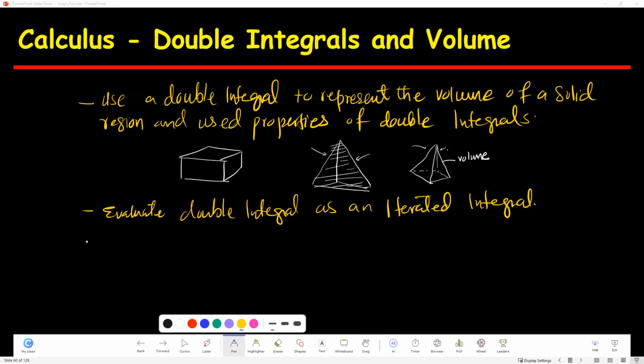The third one we're going to talk about is find the average value of a function over a region.